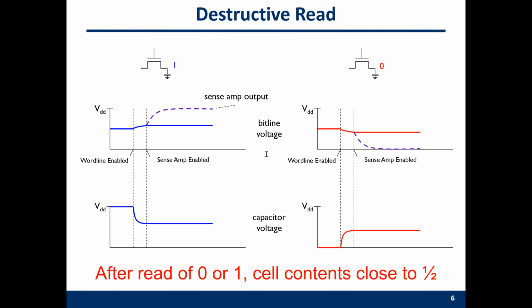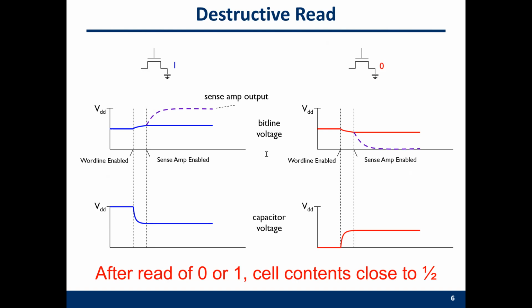But since the charge is leaking from the cell, on the other hand, if the cell has no charge, charge will not flow from it, so the bitline will be pulled down, close to zero.